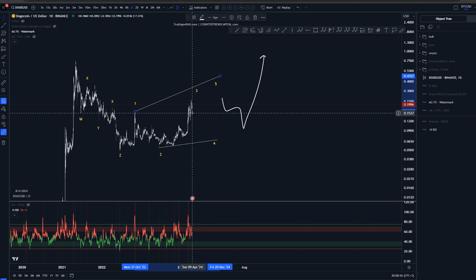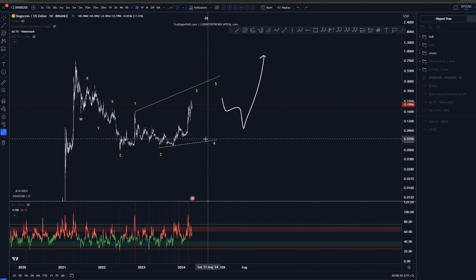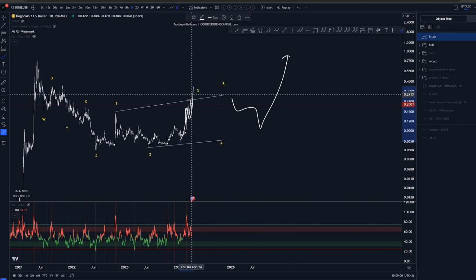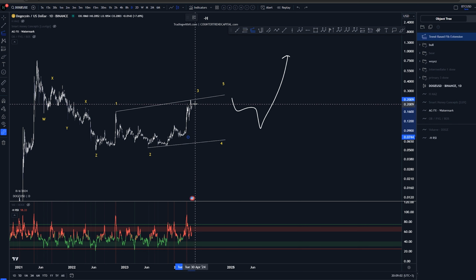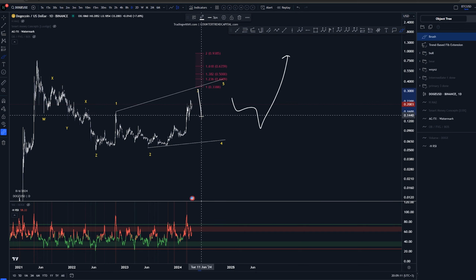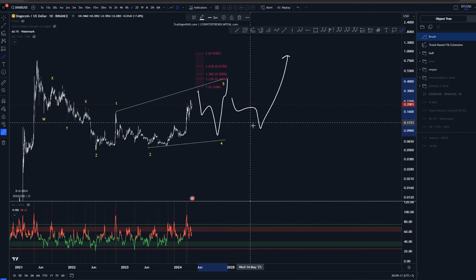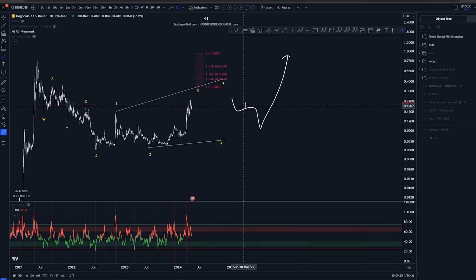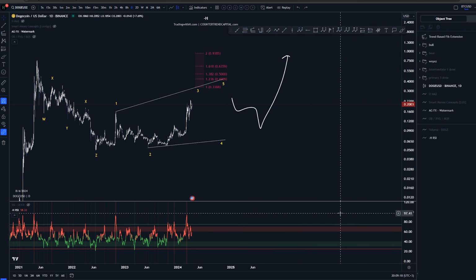So again, bullish would be looking to create a 3 wave here. Let's see some of the targets. 0.618 is not that far away, but 1 to 1 around 33 cents. So again, something like this, wave 4, 5, and then again this consolidation or a correction, and then up again.